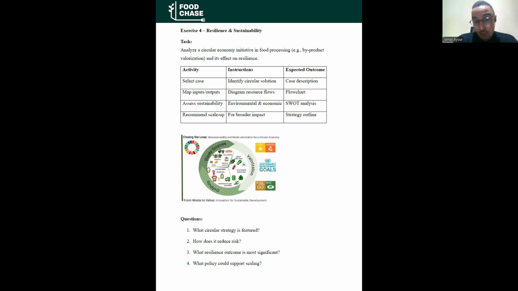And the questions are: what circular strategy is featured, how does it reduce risk, what resilience outcome is most significant, and what policy could support scaling most effectively. We'll answer these questions using the table, the figure, but also the course, especially the part regarding resilience and sustainability.